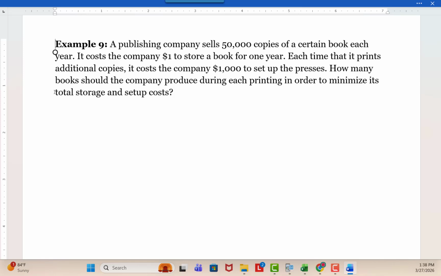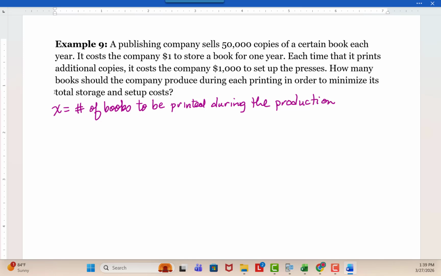We're going to start by saying x is the number of books to be printed during the production run. Then y is going to be the number of production runs.